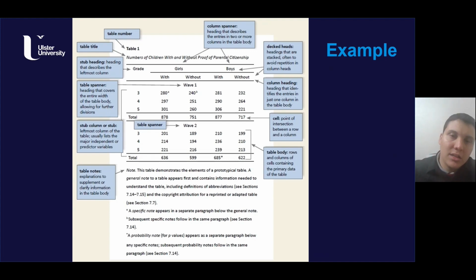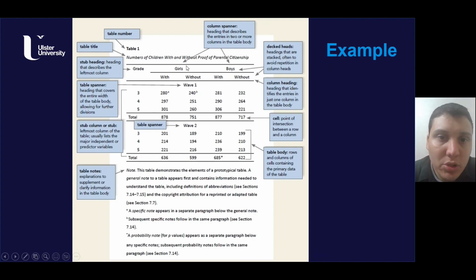This example is in there, so some of the elements I showed you before are here. Table number in bold, table title in italics, double spaced. The lines that you have to have: the bottom line, the top line, and the line below the headings. In this case, the headings are double decked, so they are decked heads. That happens when you have the same information for different columns.